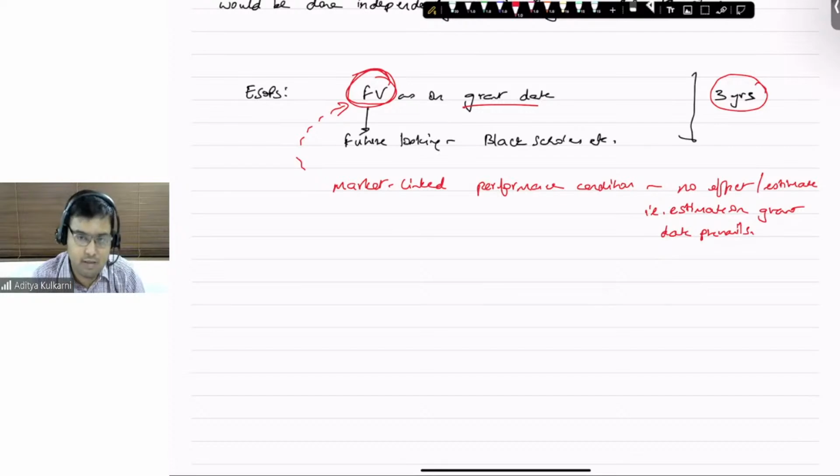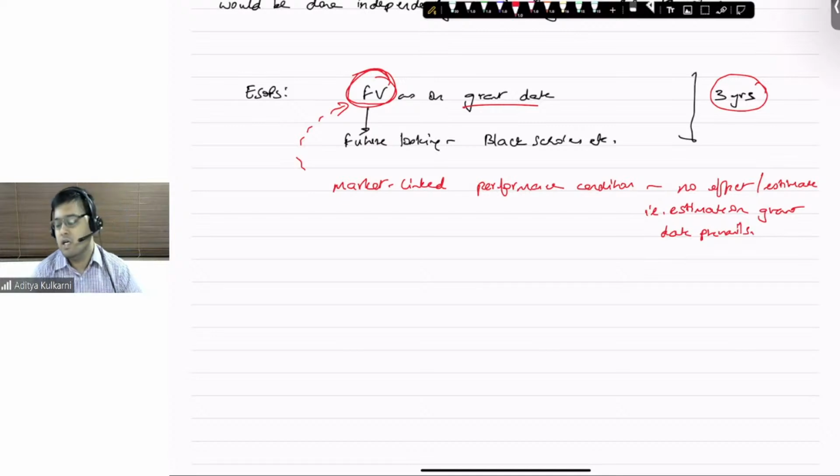There is no other option there. It is an estimate. Okay, estimates can change in the future. All right, so that is how the accounting will happen. We have to estimate and do the accounting accordingly.